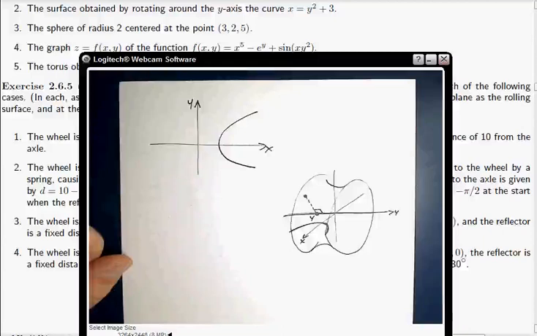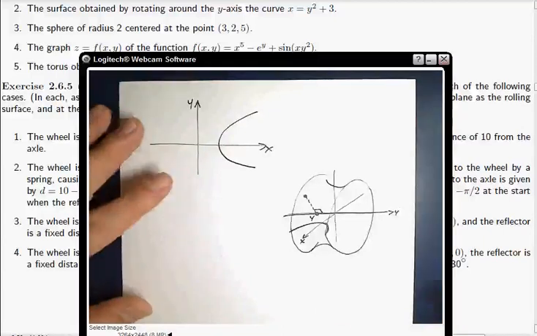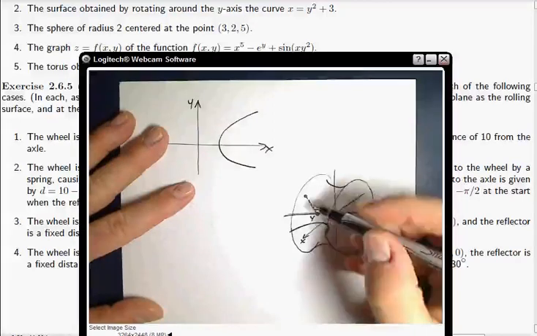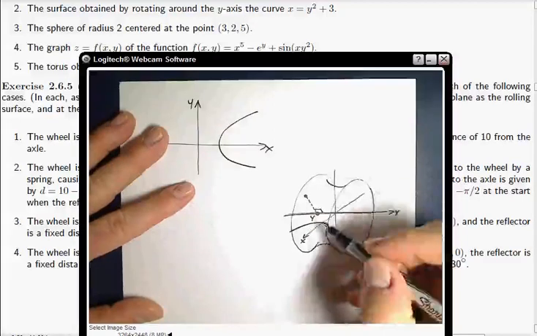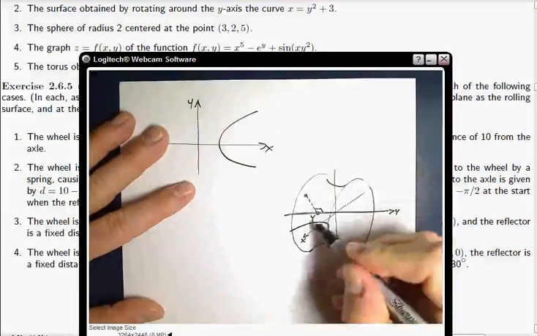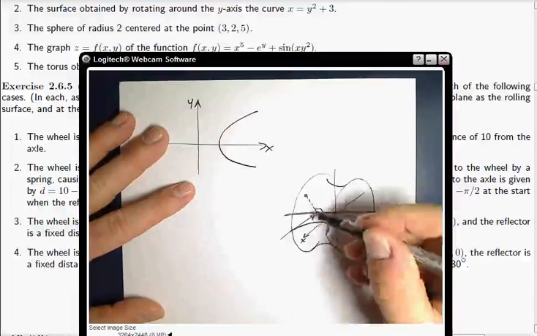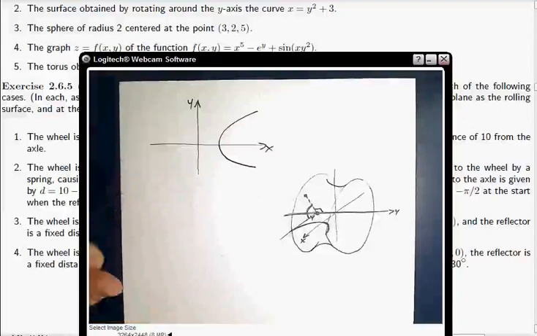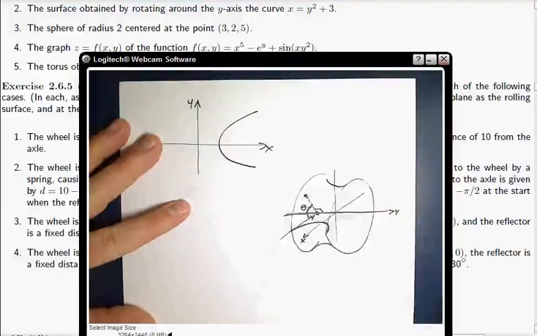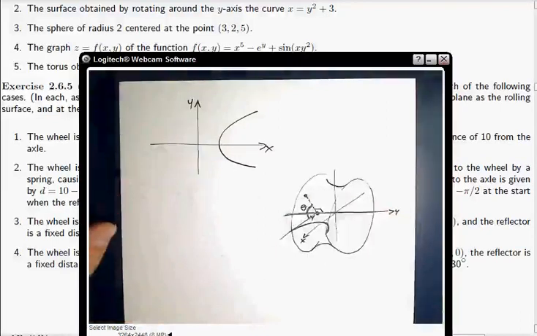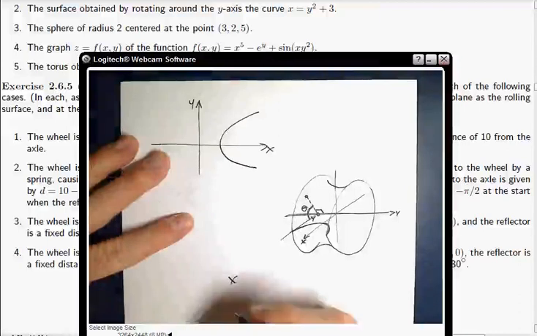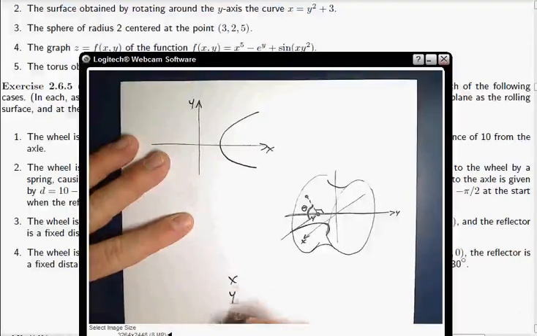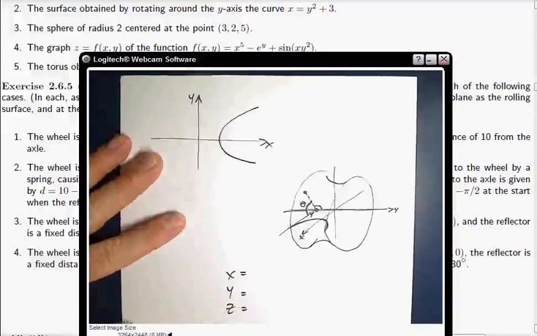And let's also talk about its angle. Of course, there's a bunch of points that have that same y-coordinate, and I distinguish those points by what this angle is above the xy plane. Let's call that angle theta. So what I'm going to try to do is solve for x, y, and z, all in terms of these two coordinates, y and theta.